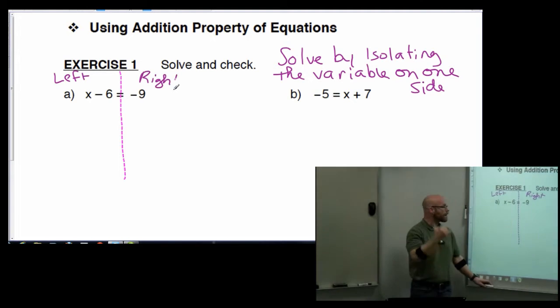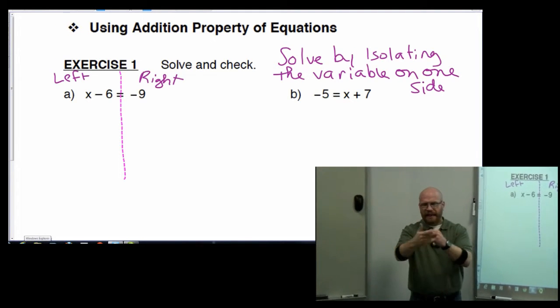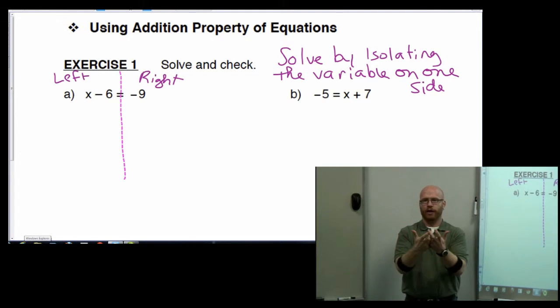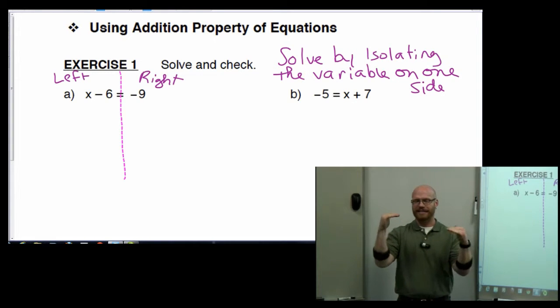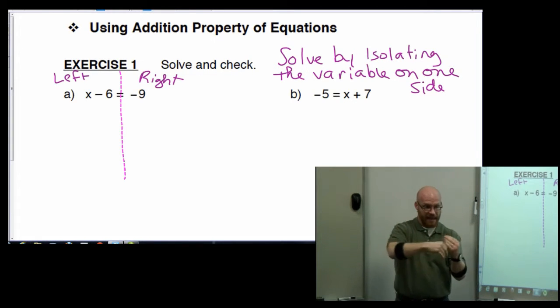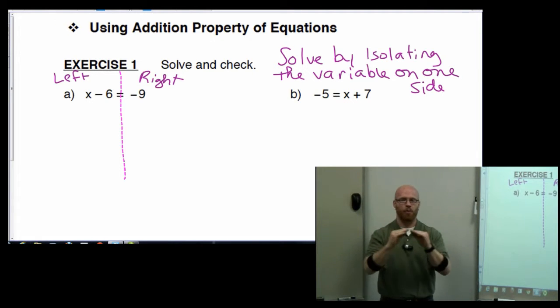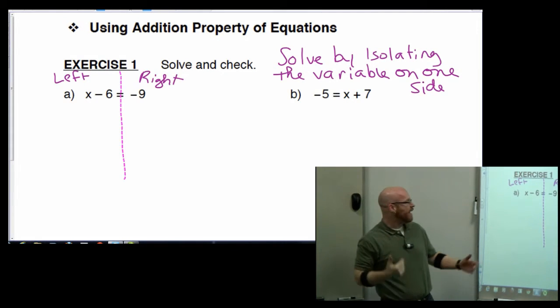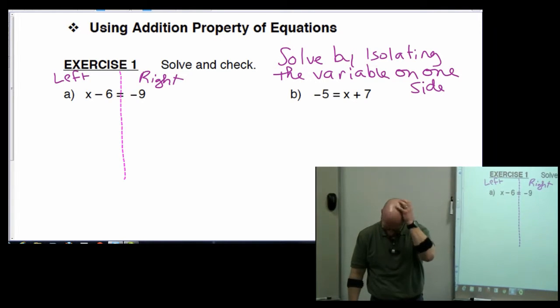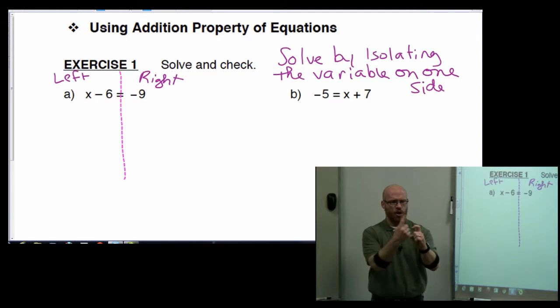Now, with the property, I can add things, but they have to match. Think of it like a teeter-totter, okay? If I add something here, I have to go over here and do it too, or else it's not balanced anymore. So if I have x, I want x alone.